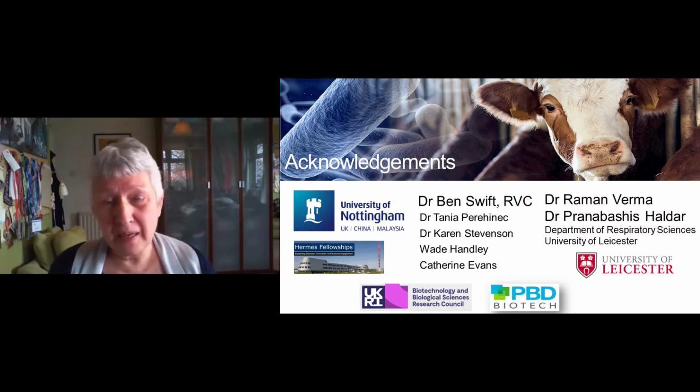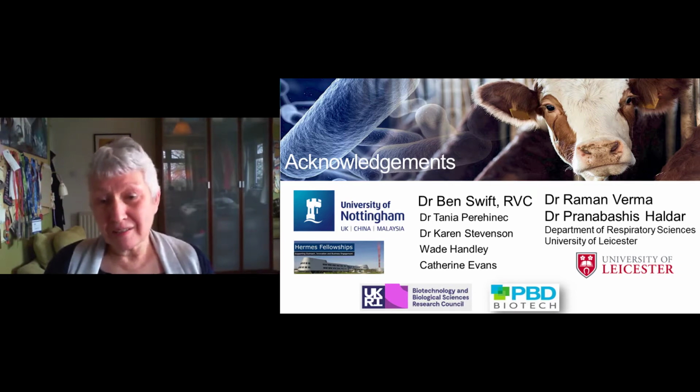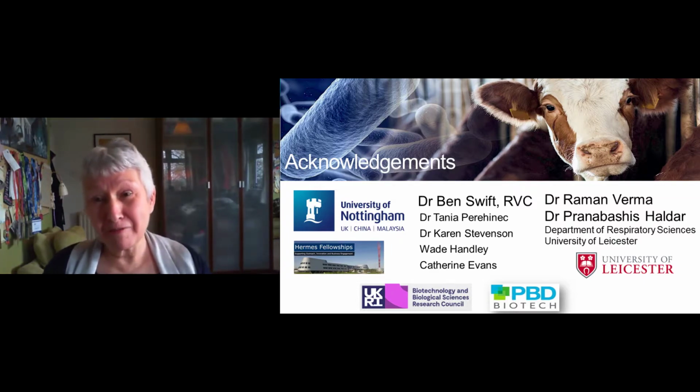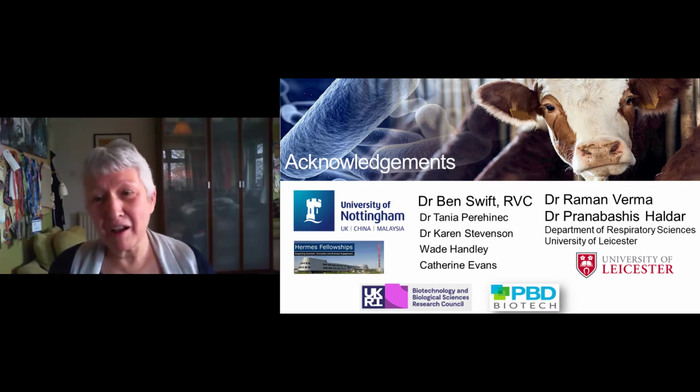Again, what we're hoping is that our test will act as a DIVA test and differentiate between vaccinated and infected animals, because immunology doesn't play a part in our response. So we have done a little bit of work on this and shown that in sheep, we can actually pick up infected animals that have been vaccinated, because the vaccine doesn't have a very high efficacy. So we're hoping that's another application of this test as well.